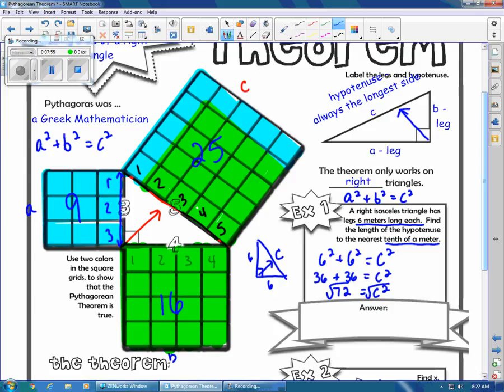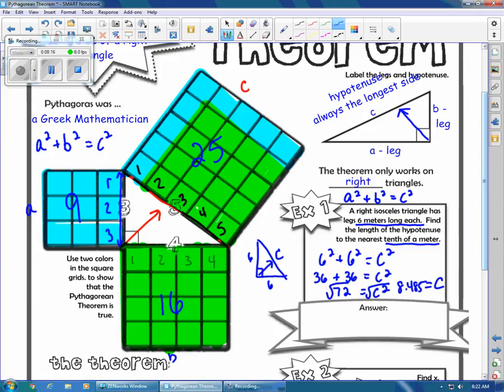When I take the square root of a variable that's been squared, it knocks off the square. So the square root of c squared is c. And the square root of 72, when I plug that into my calculator, I get 8.485, and it goes on.